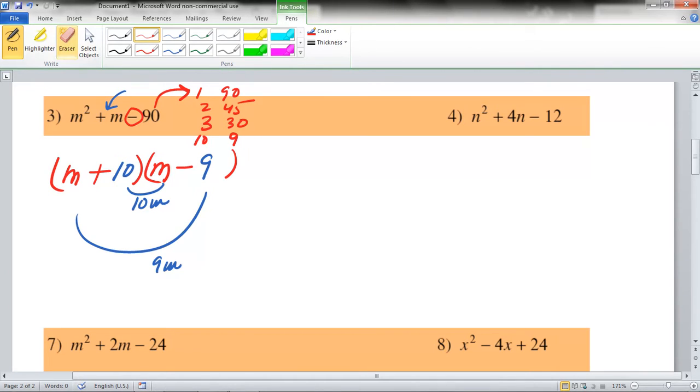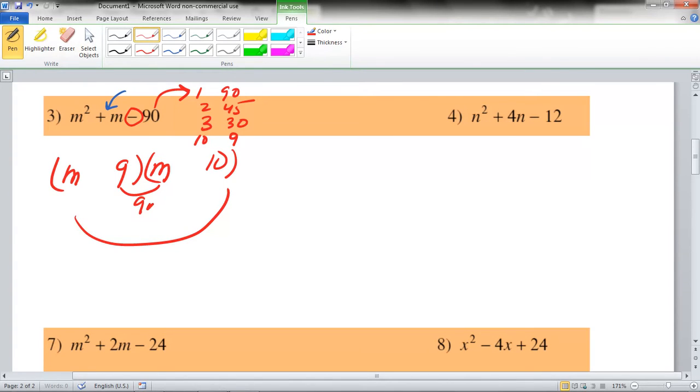Okay? What if somebody did this? We put 10 over here and 9 over here. What if they did 9 over here and 10 over here first, instead of putting 10 here, right? That's perfectly all right. So this is 9m and this is 10m. And the signs are different, the bigger product is positive.